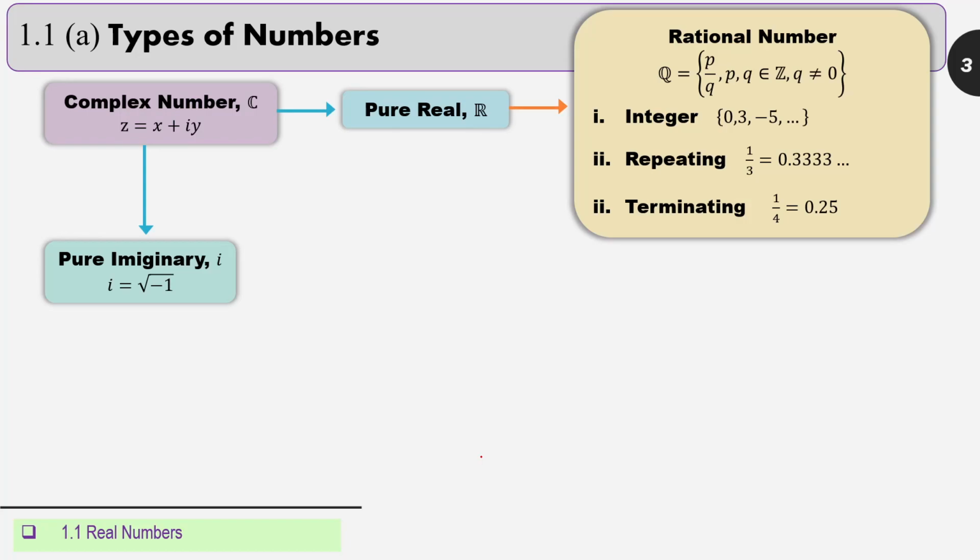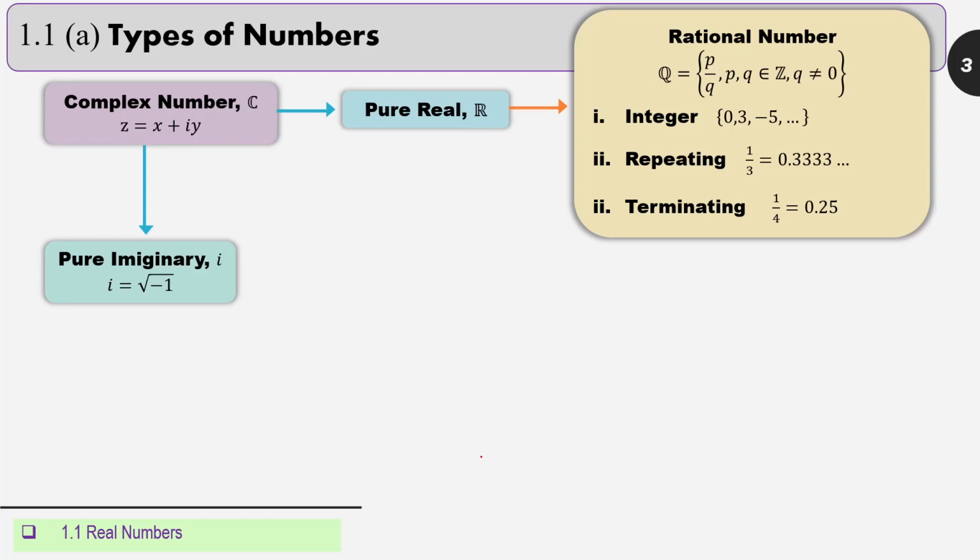Inside these rational numbers, you have three different categories. The first category we call integers. Integers, as I said just now, are whole numbers such as 0, 1, -5, which don't have a decimal point. How about some numbers with a decimal point, which are rational numbers, such as 1 over 3?